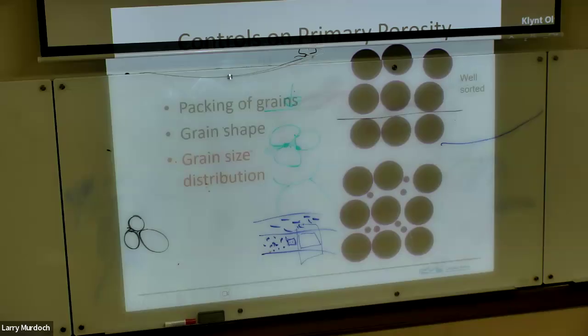But we could have this same material, and if we have in there some grains that are smaller, they're going to fill in the pores. So if we have two grain sizes, the porosity will be smaller than if we just have one. And we could have smaller ones yet, and so on. Okay, so as the degree of sorting decreases, the porosity will also decrease.